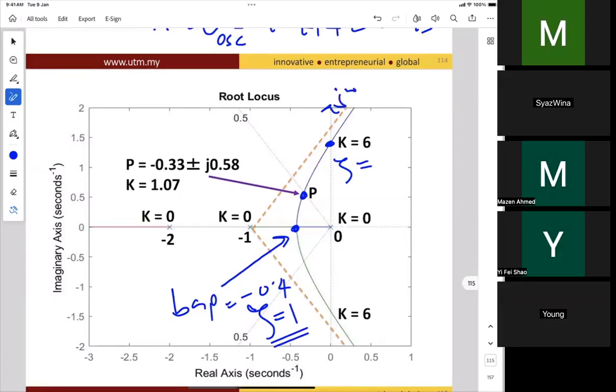The value is minus 1.414 plus J 1.414. What is the zeta value over here? The value of zeta.